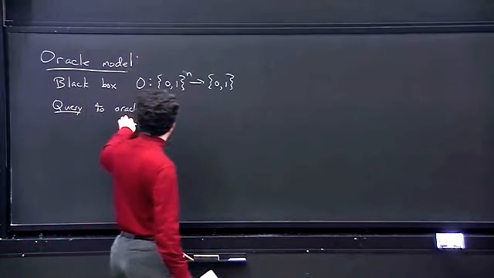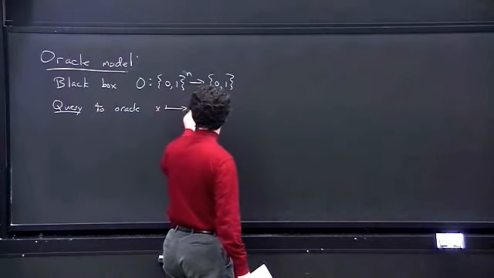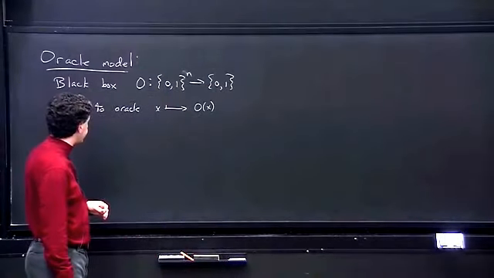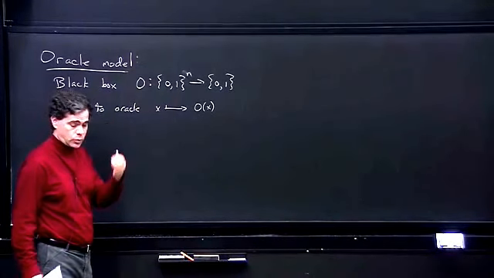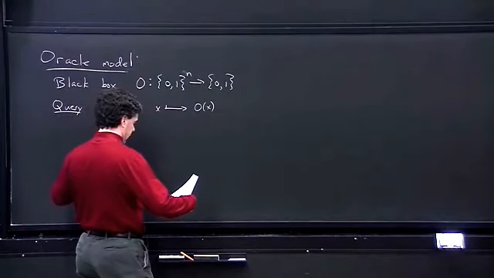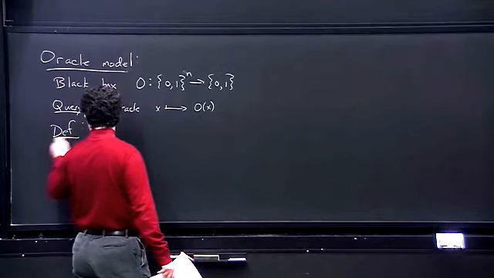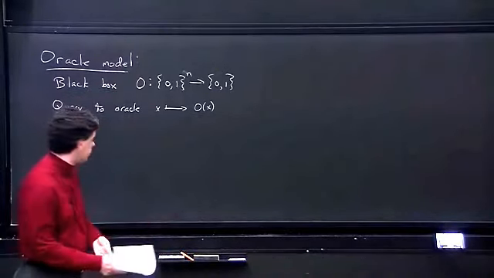So anyway, we make queries to oracles by giving them some input and getting the output. And that's all we can do with oracles: we can give them inputs and make queries to them. What we want to do then is compute some property. We're given this oracle, and we'd like to compute some property of it.